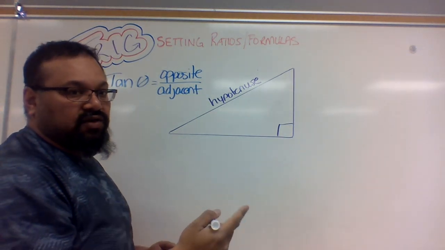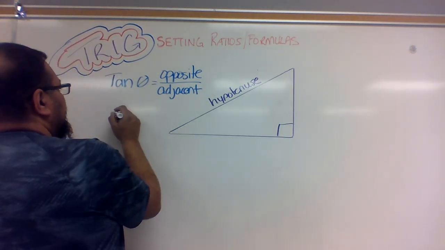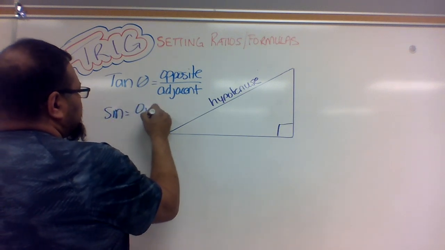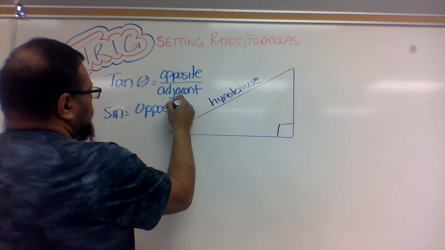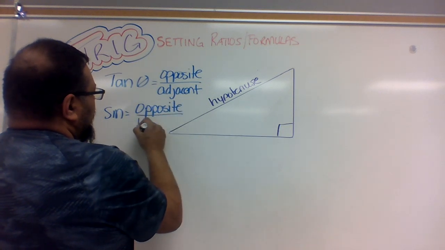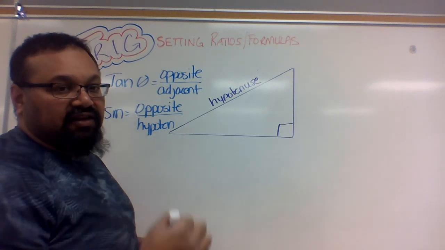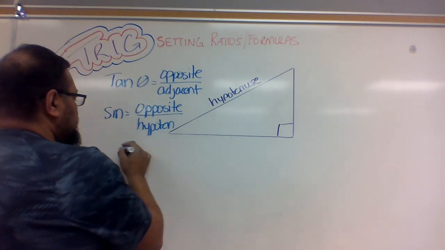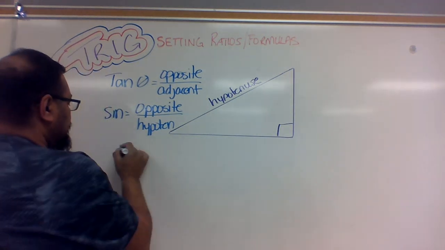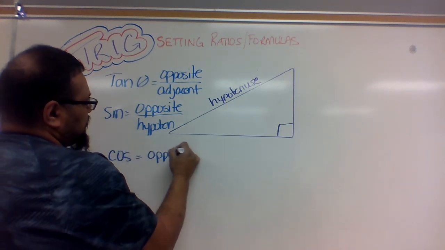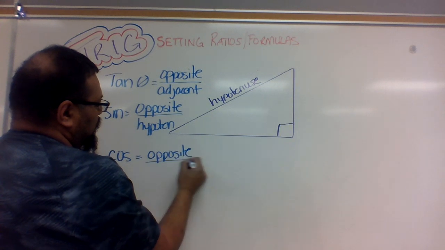The second ratio that we could possibly use is sine, which is equal to the opposite side over the hypotenuse. And finally, the third and last one is cosine, and it's equal to the opposite side over the hypotenuse.